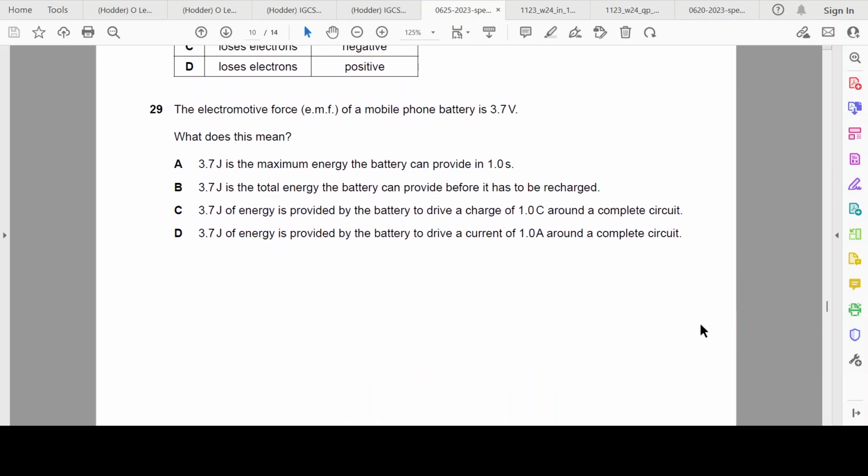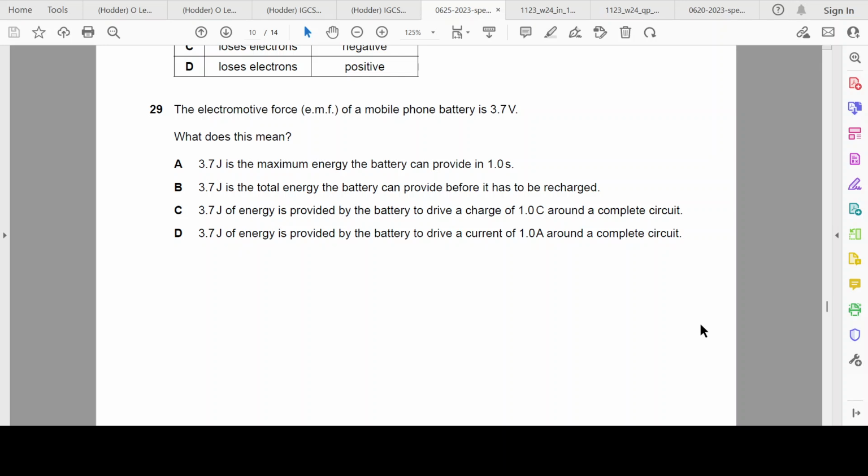All right. The electromotive force of a mobile phone battery is 3.7 volts. What does that mean? E. A. This one is from memory, right?